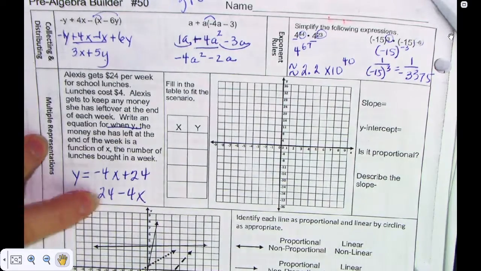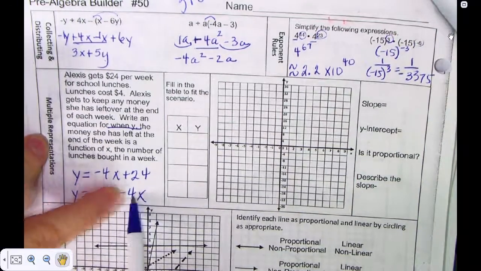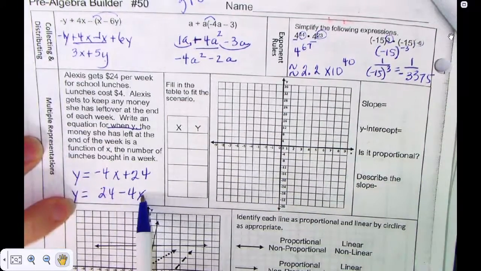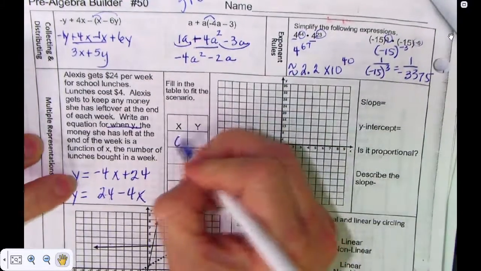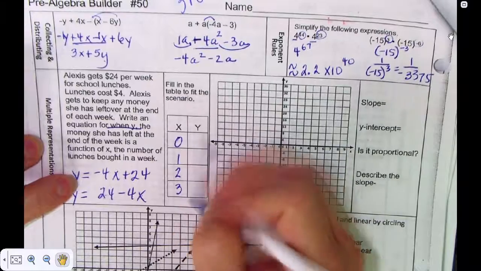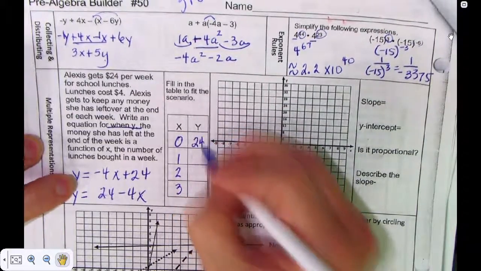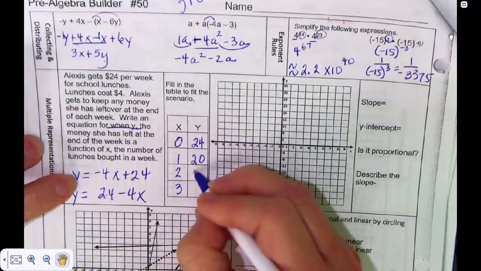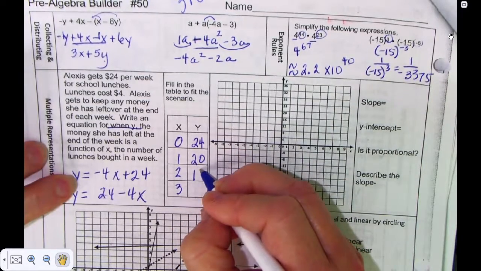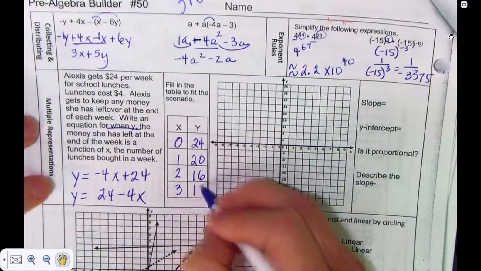Sometimes people understand this better. You're starting with 24 and you lose $4 every day. Okay? You can do 0, 1, 2, 3, or 1, 2, 3, 4. It doesn't matter. If you use 0, what's your Y? 24. 1. 28. 2. 32. Wait. Oh, my bad. 3. 12.